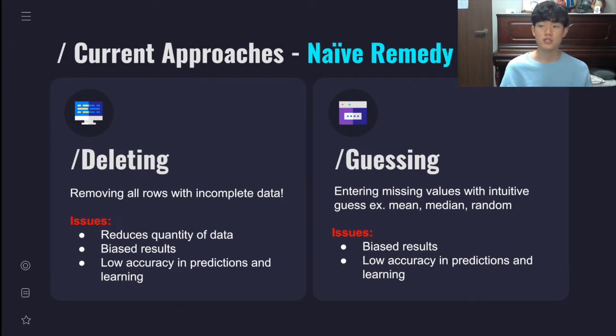The other approach is guessing, which is basically entering missing values with intuitive guesses, such as mean, median, or random values. So it is also not very accurate due to its biased results. Overall, naive remedy is a relatively simple approach in data curing, but consequently, it is not very accurate due to its simplicity.